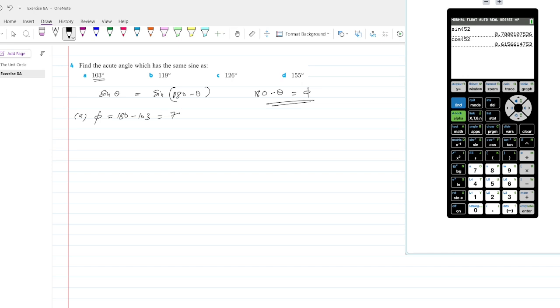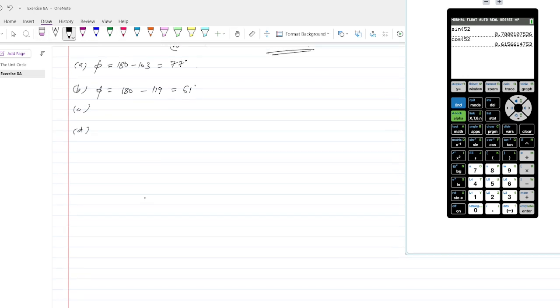So this becomes 77 degrees. Similarly, phi equals 180 minus theta. Theta here is 119. So this is 61 degrees. Similarly, we can do C and D. I'll leave these ones for you. They are exactly same. I'll go to the next one.